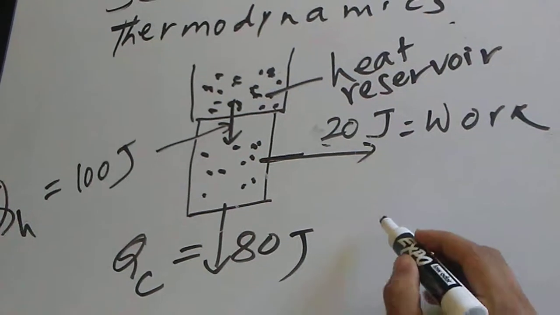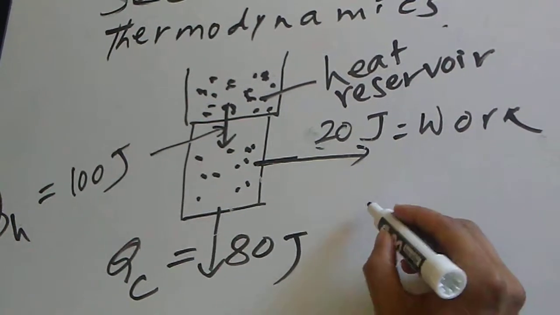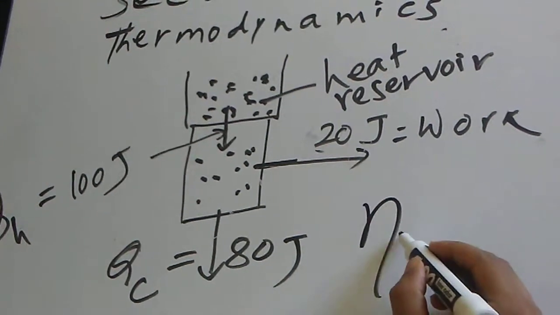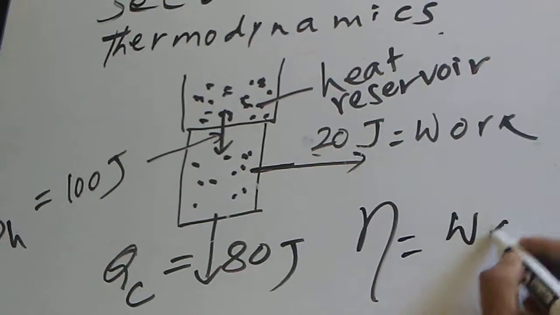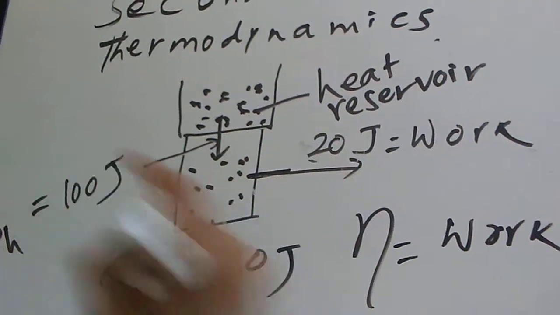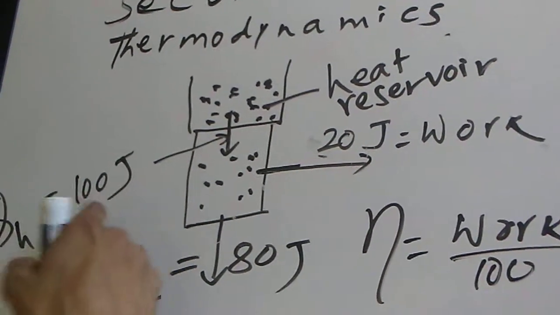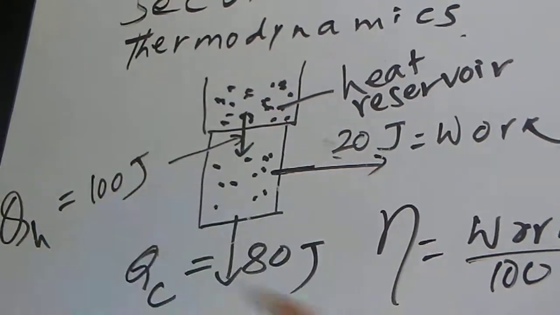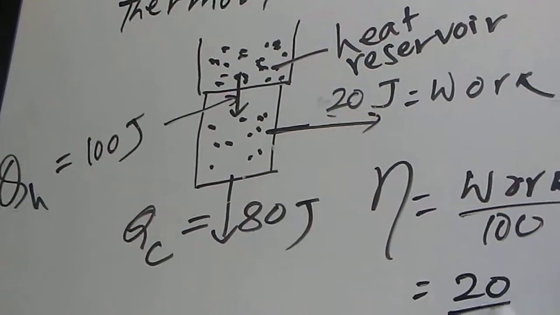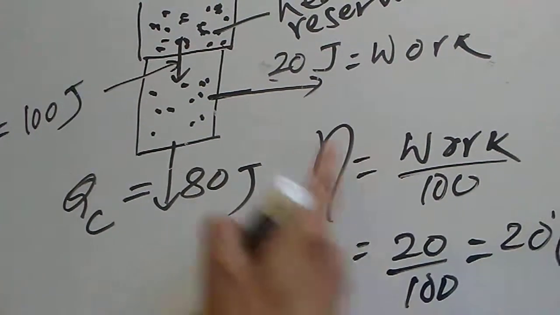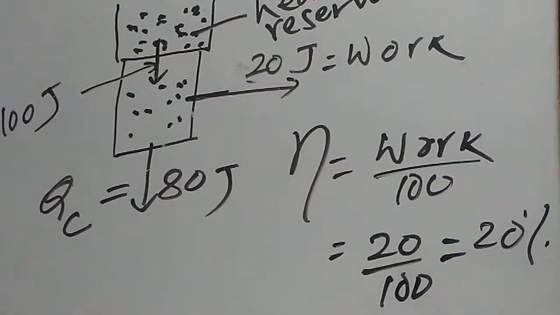Now let's calculate the efficiency of this machine. We write that efficiency is eta. That is work divided by how much it got, 100 joules, meaning it took 100 joules of heat energy from this heat reservoir. So work is 20 over 100, which equals 20%. So this engine has 20% efficiency.